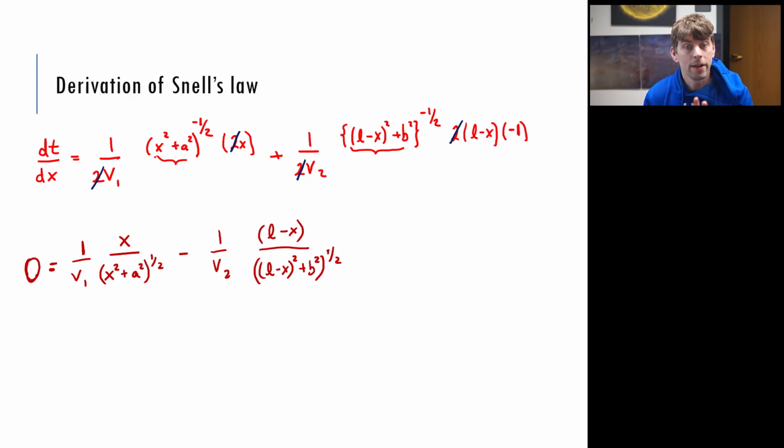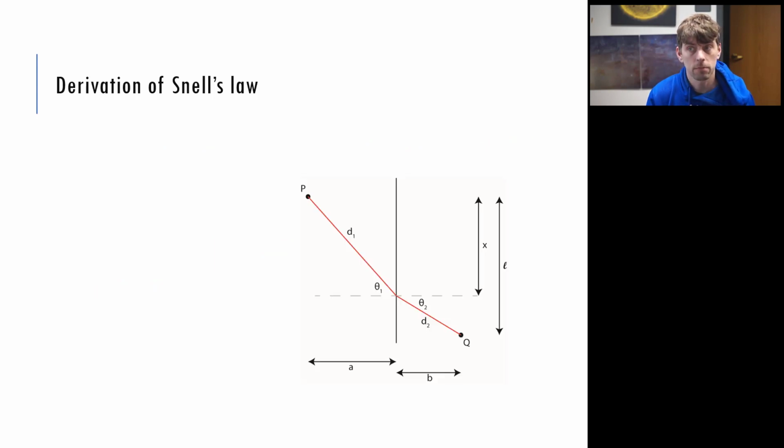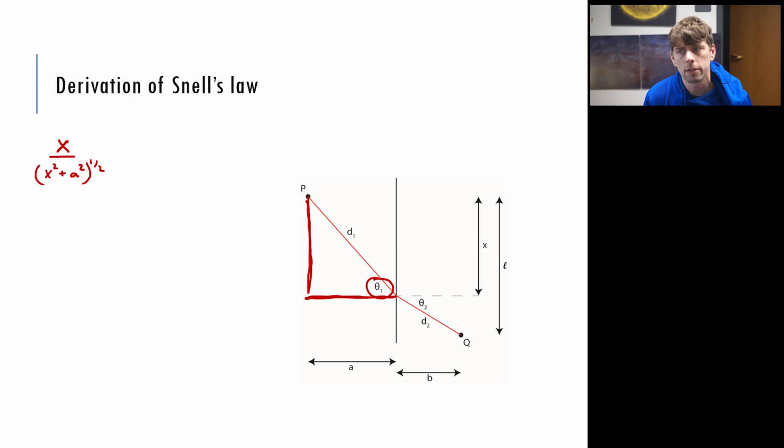Okay. Now let's look at this for a second. If I go back to my original figure, I can look at x over (x squared plus a squared) to the 1/2. Bear in mind, x is this distance, a is the horizontal distance, and now let's take advantage of the fact that I have labeled an angle in here.